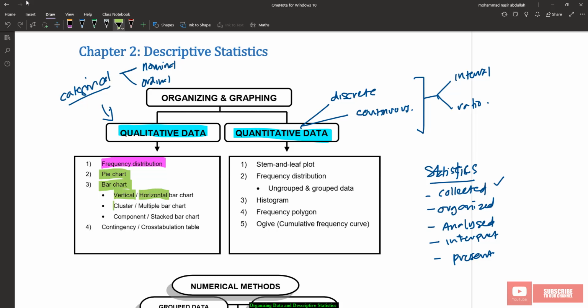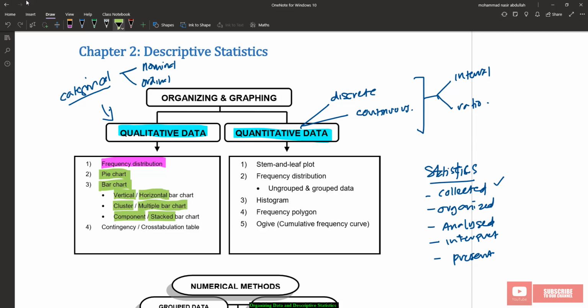Another one is a cluster bar chart or multiple bar chart. This is the same thing, but sometimes people say cluster bar chart, sometimes people call it a multiple bar chart. Another type is a component bar chart or stack bar chart. Stack bar chart and component bar chart are the same thing, which means that we stack the categories on the same bar.